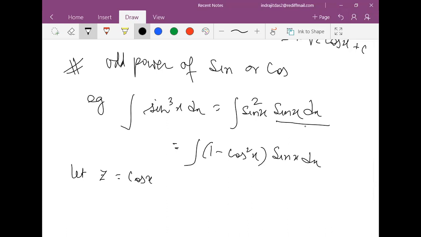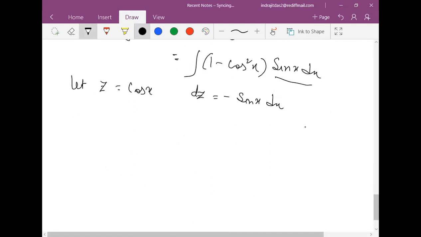Like, dz will be, cos x derivative is minus sine x dx. So there is a minus sign requirement. Sine x dx is present in the question, so we need sine x dx, not minus sine x dx. Sine x dx will be minus dz.